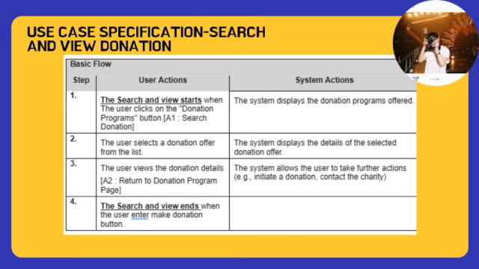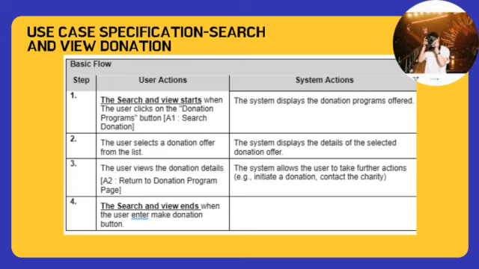Next, let's jump to the basic flow. The first step is that the search and view starts when the user clicks on the donation program button at the top of the home page. It also has the alternative one, which is search donation. The system action is that the system will display the donation program offers. The second step is the user selects a donation offer from the list, and then the system will display the details of the selected donation offer.